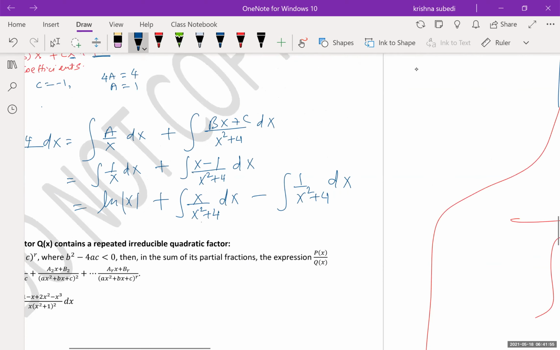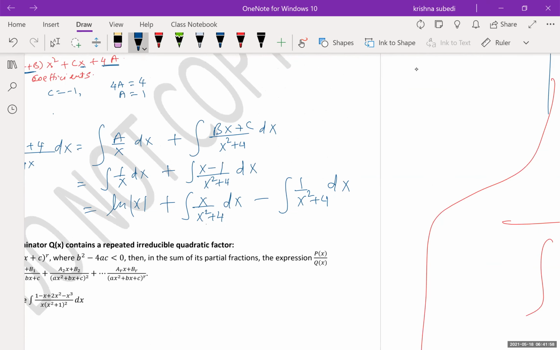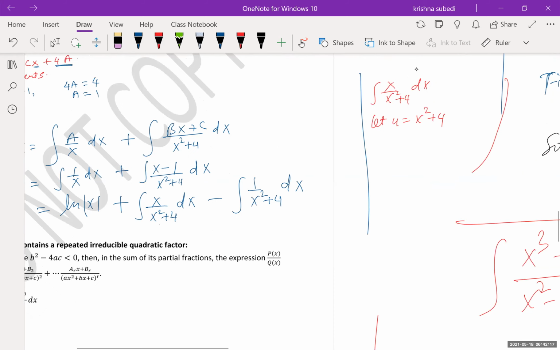Let me do it here. Integration of x over x squared plus 4 dx, and I want you to use the substitution rule. Let u equals x squared plus 4, then du over dx equals 2x. So du over 2 equals x dx.